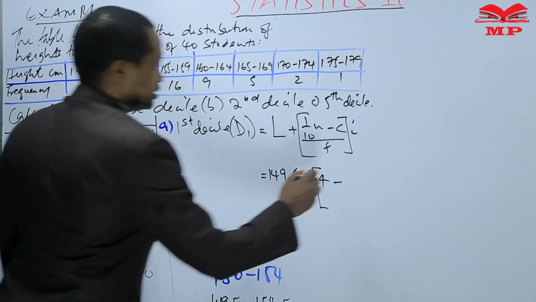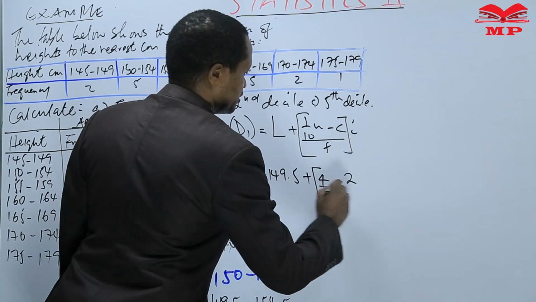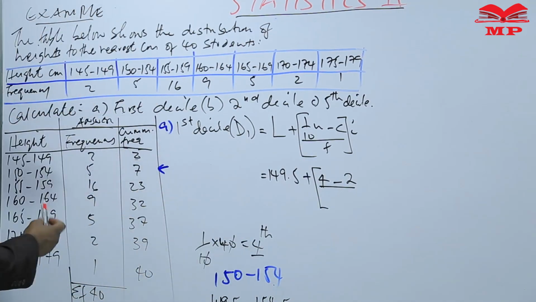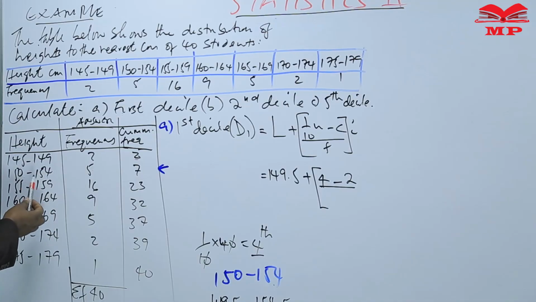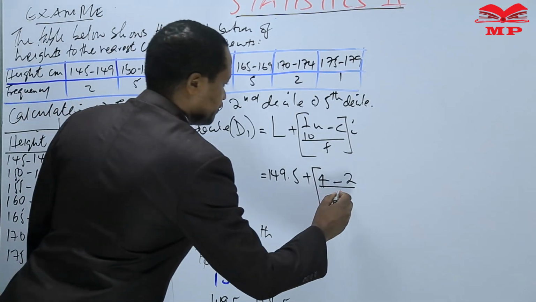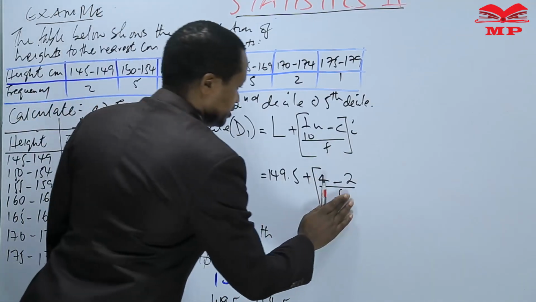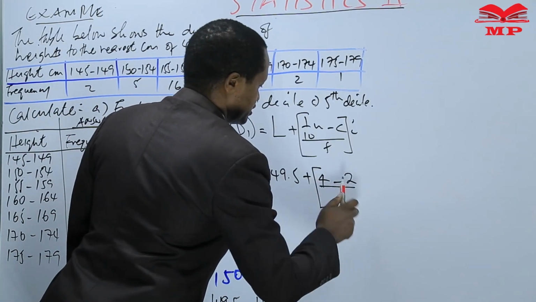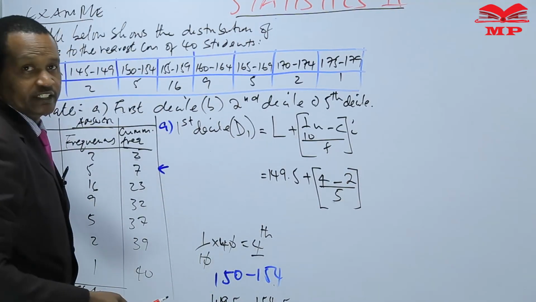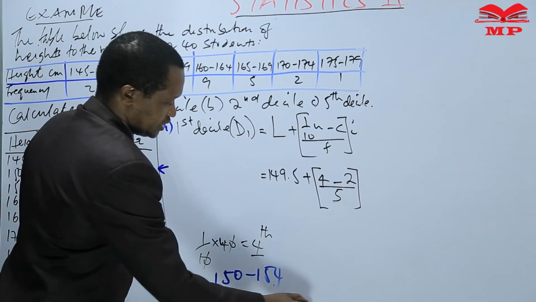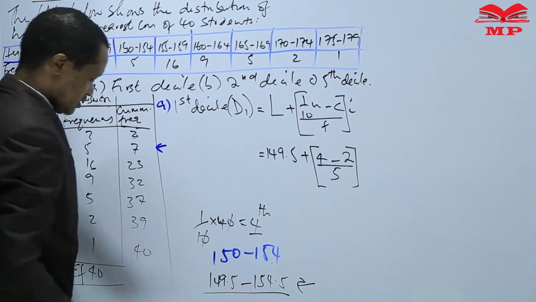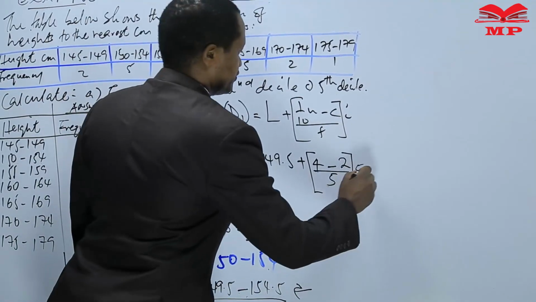We divide by the frequency of the first decile class, which is 5. Then we multiply by the class interval, 154.5 minus 149.5, which is equal to 5.